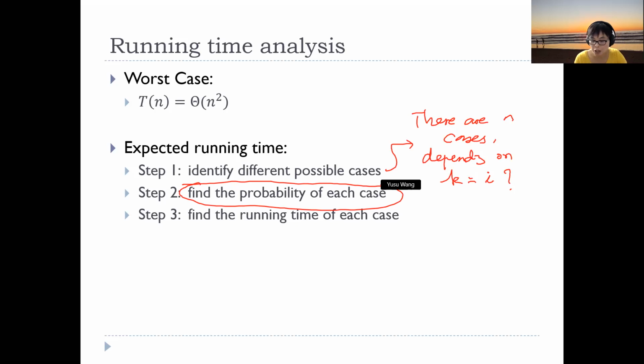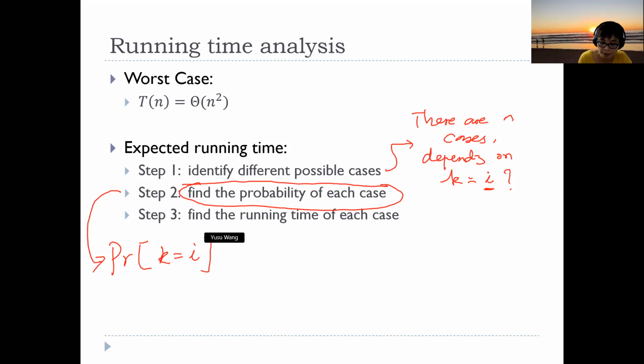Each case is k equal to a specific value i. We said that k is a random number from 1 to n, which means the chance that k equals a specific number is 1 over n, because there are n choices and I pick one. So the probability is 1 over n.